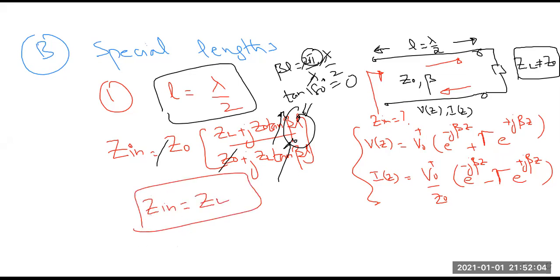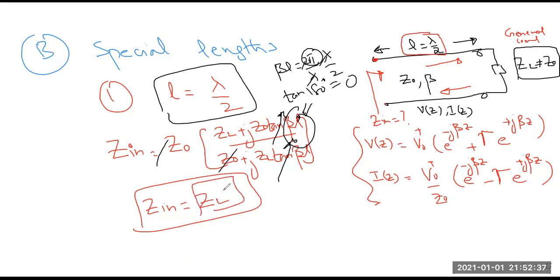And which is a very important result in the sense that whenever you connect any general load, right now I'm assuming that ZL is not open circuit or short circuit, which is the special case. For any load, if it is connected with a transmission line having a length equal to lambda by 2, and then if you measure the impedance, you will get the same impedance as that of the load.